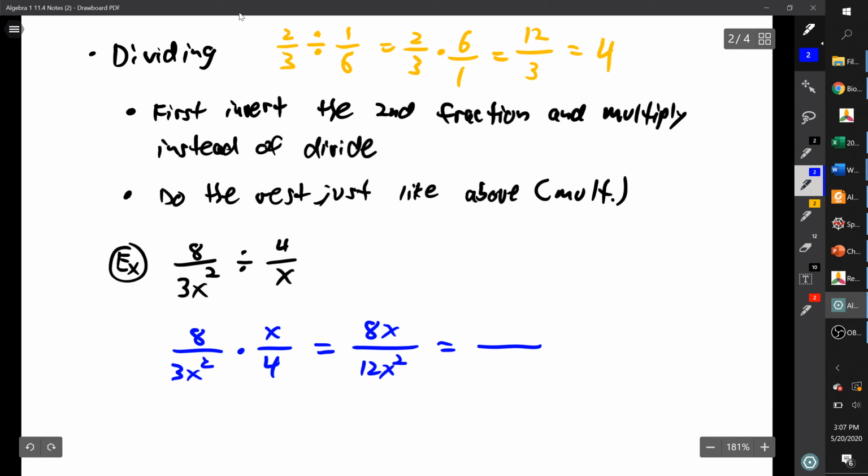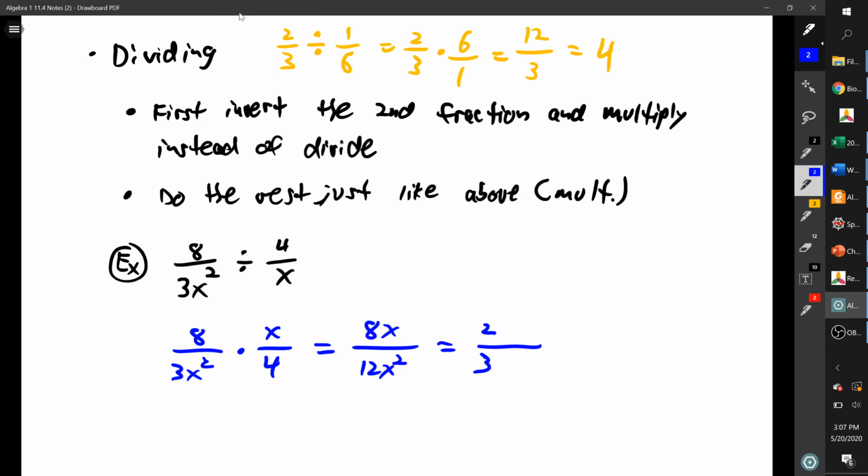Well, let's see, 8 over 12, if I cut both of those in half, I get 4 over 6. I still have even numbers, so I can cut them in half again, and 4 over 6 becomes 2 over 3. The other way of looking at that is, I can count by fours, 4, 8, 12. 8 is 2/3 of the way to 12, so 2/3.